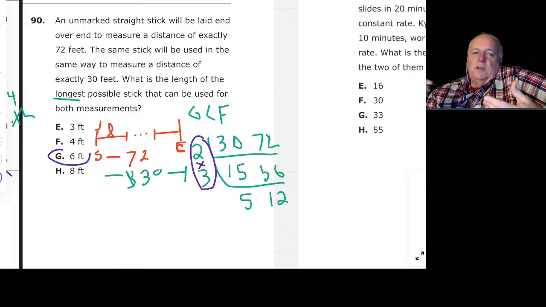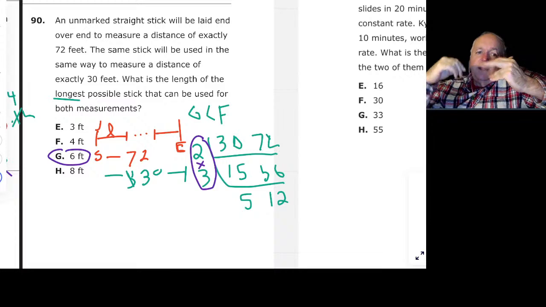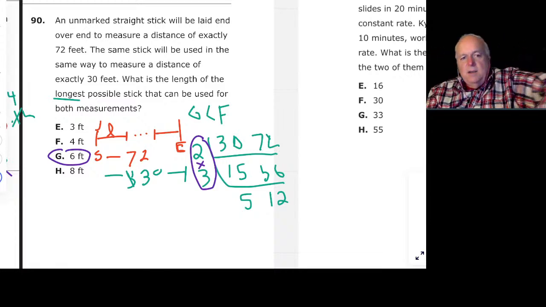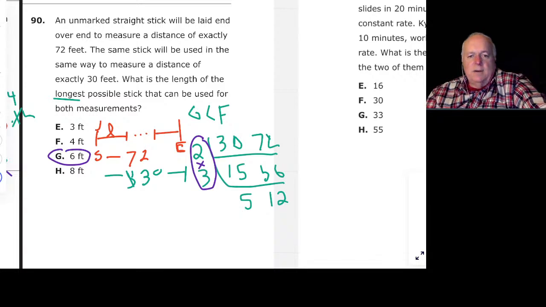If I laid a 6-foot thing end to end, could I get to 72? Yeah, 12 times. And if I did that same thing, could I get to 30? Yep, up to 5 times. So 6 turns out to be the longest stick where that commonality is possible. And the commonality is the greatest common factor. So it kind of all jives for you there.